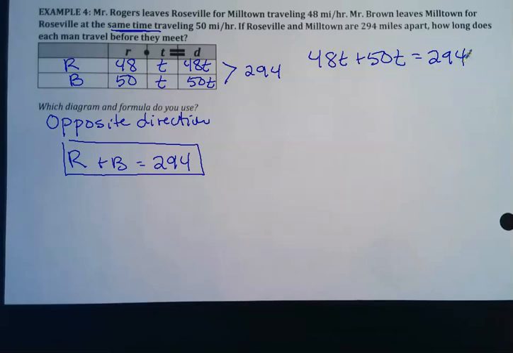So do you see how yesterday spending this time just thinking through the problem, drawing the diagram, understanding it, is making you all so much more prepared for today? And then you add. We're going to add like terms because we're on the same side. Good. So 48t plus 50t, 98t equals 294. Divide 98 on both sides.